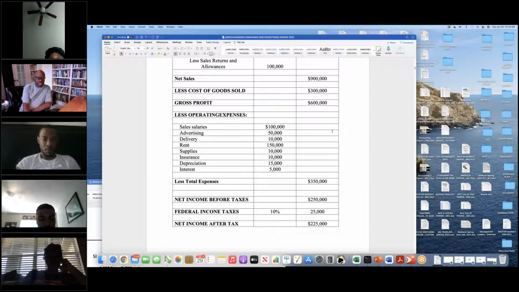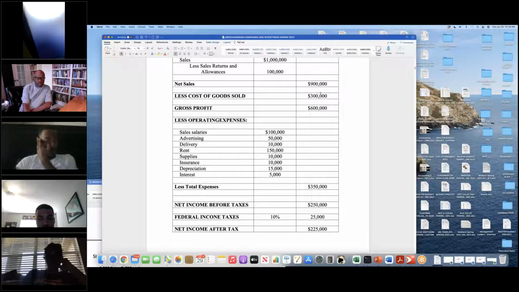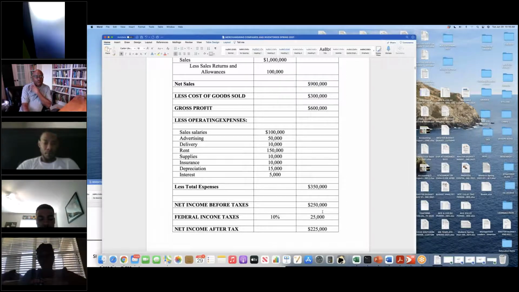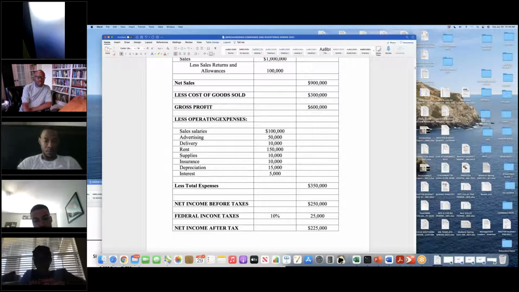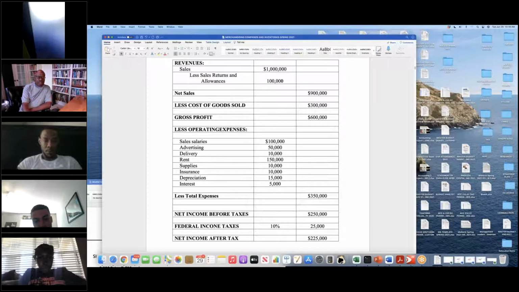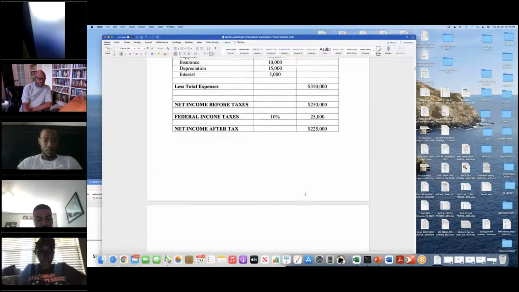In your closing entries now, you have to close out cost of goods sold, the operating expenses, and the federal taxes if you're going to have the correct ending retained earnings. All of these have to be closed out: cost of goods sold, sales returns and allowances, the operating expenses, the federal income tax. All of those have to be closed out.